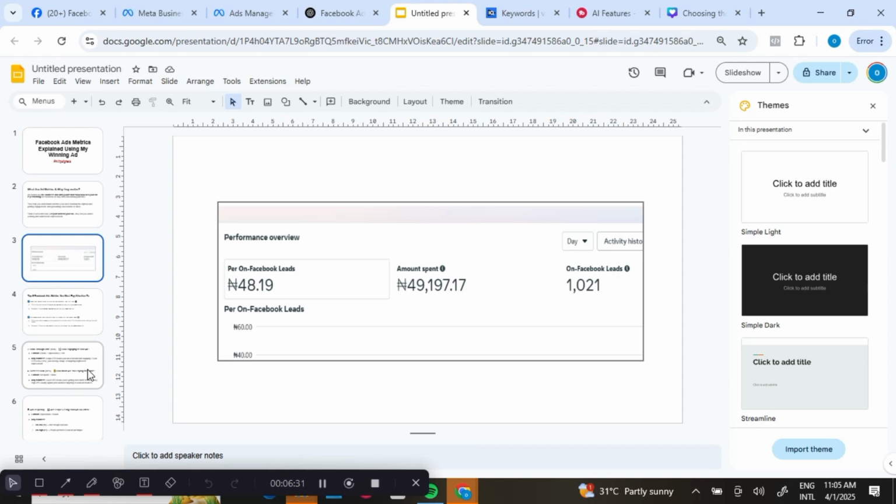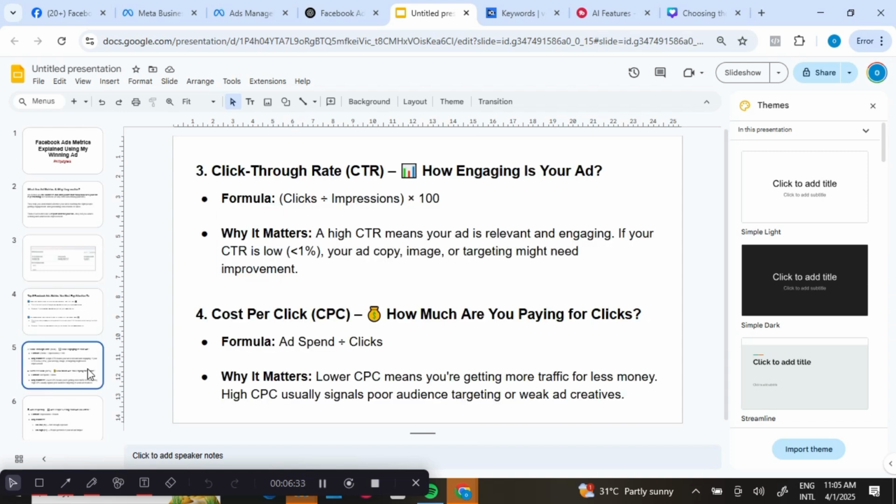I'm going to show you where to check all of these things. Knowing my CTR will help me know if I should improve any of these. So if your CTR is low, you should know that you need to work on your ad copy, your image, or your targeting.